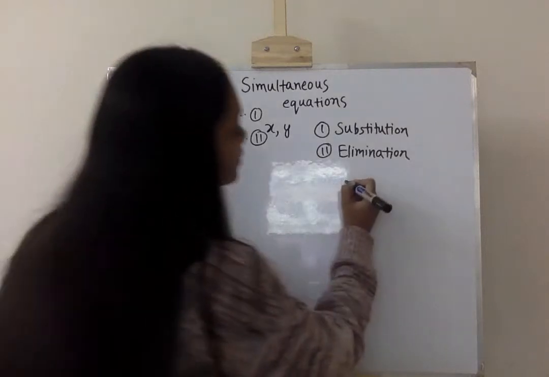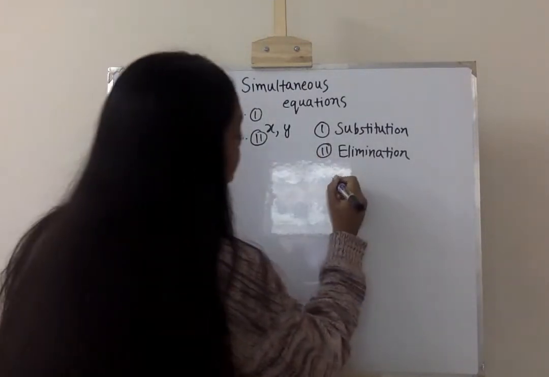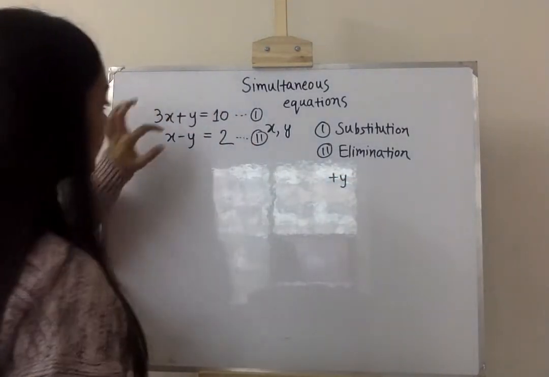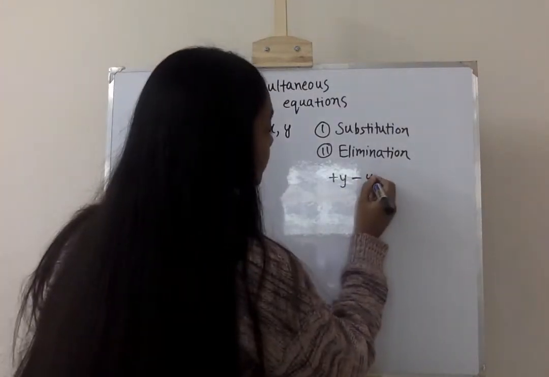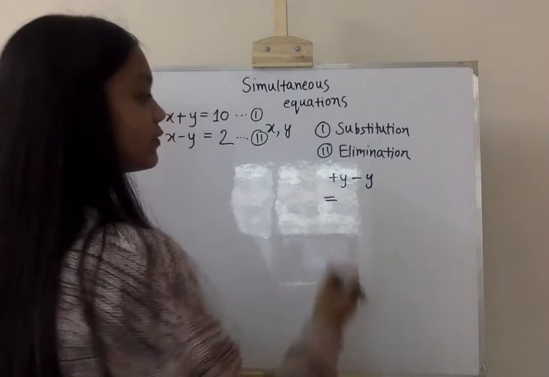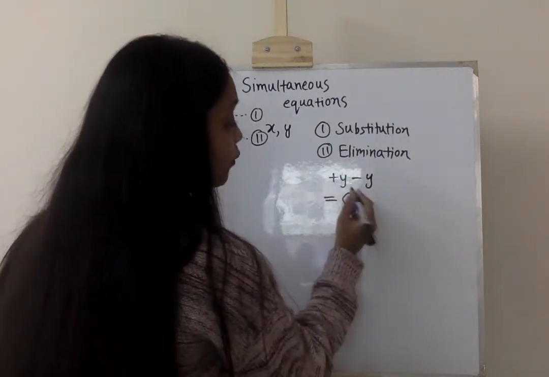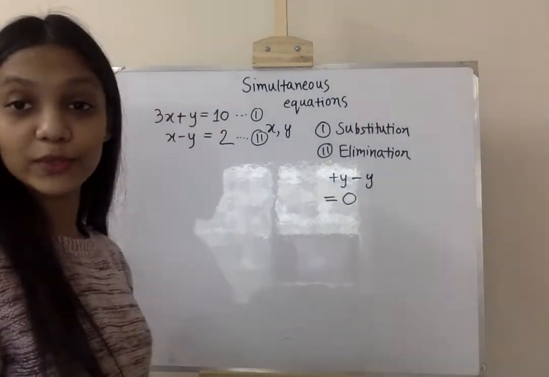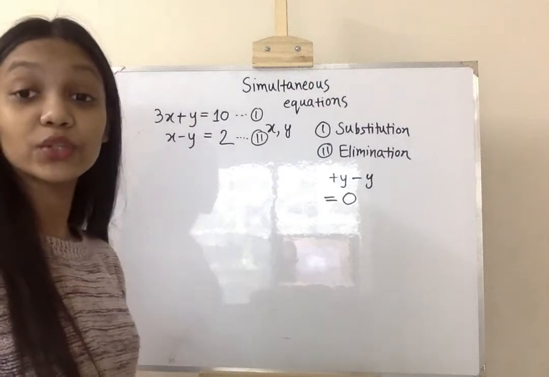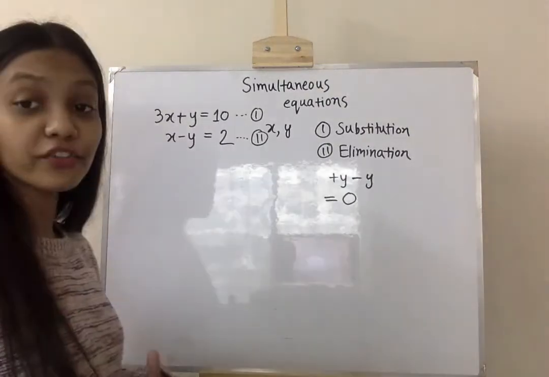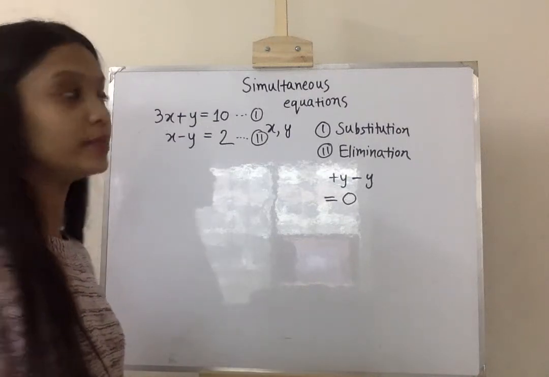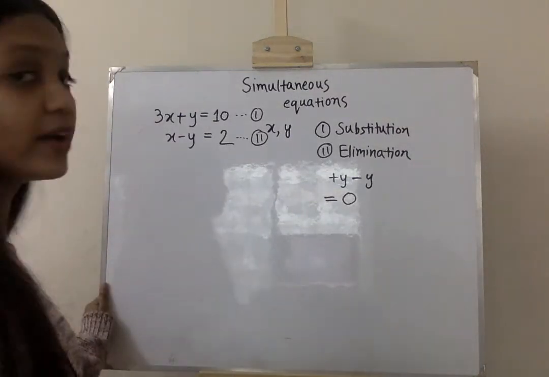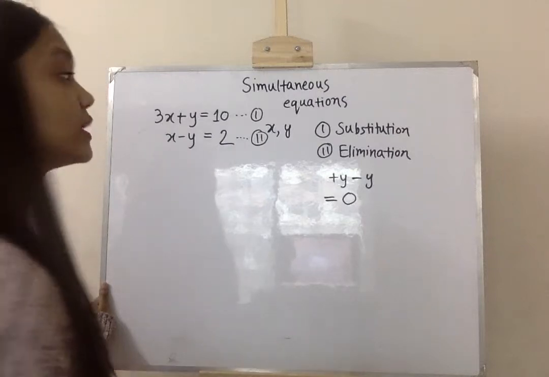For example, in this case, it is plus y, and in this case it is minus y. We can easily see that y minus y is of course equal to 0. So in this case, we do not have to change the coefficient, neither do we have to change the sign of the variables. It is very easy for us to do the calculations.